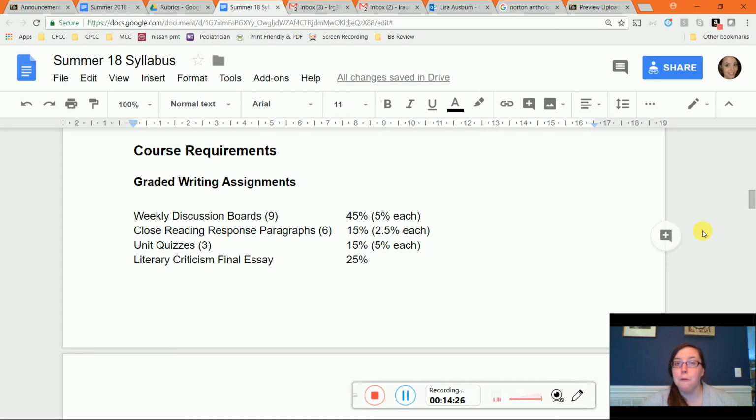So that's my goal. My goal for you is to be able to write about a text that you've analyzed in a way that goes beyond just summary, in a way that goes beyond an evaluation of whether the text was good or not, in a way that really digs into the material so that you come up with some fresh, interesting perspective on the language, on the characters, on the tone, on the plot, the setting, whatever.